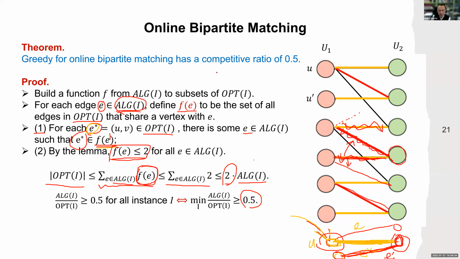But the message I would like to bring you is that the main idea of the algorithm is whenever you pick a red edge, you sacrifice the possibility of 2 yellow edges. So you will roughly get half of what the optimal solution can get, because optimal solution can get these 2, but you only get this one.